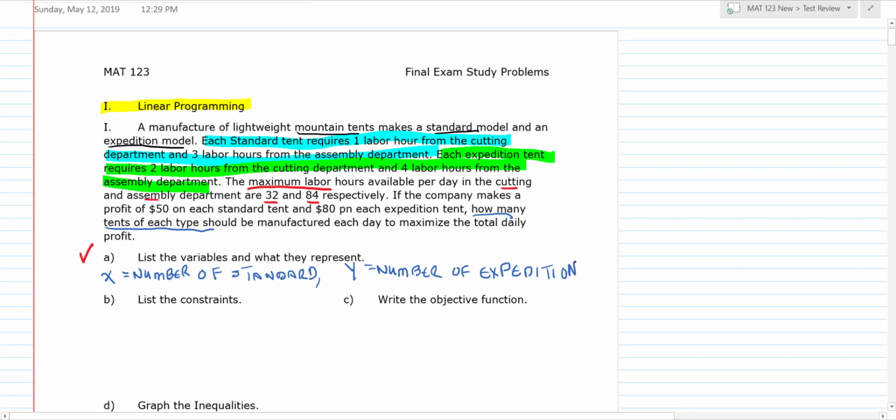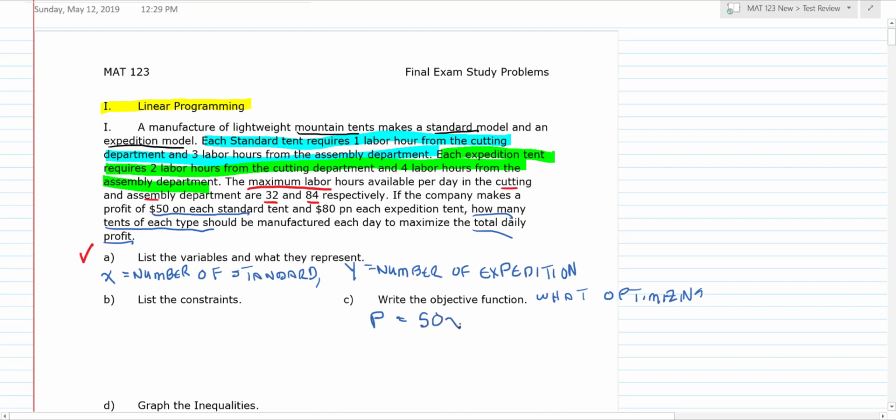Now I'm going to go on to the objective function. The objective function is what you're optimizing. What I mean by that is, what are you maximizing? What it says here is you're maximizing total profit. So I'm going to write an objective function. I'm going to use P for profit. You make $50 on a standard tent.